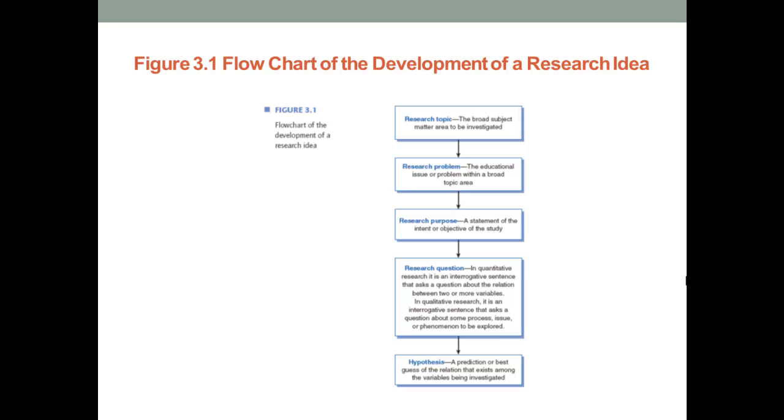For example, a hypothesis is much more specific than a research topic. Also note that as you move from the top to the bottom, you will need to conduct your literature review so that you can determine what specific research questions and/or hypotheses need to be addressed. In fact, it is usually helpful when conducting basic or applied research to start your literature review right at the beginning of the process shown in Figure 3.1.